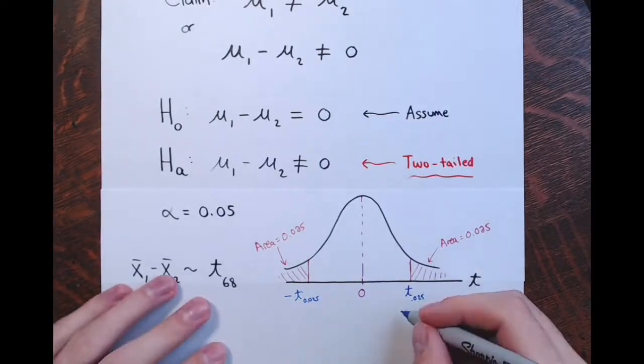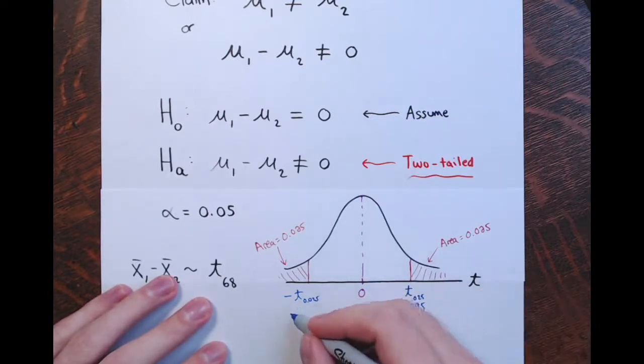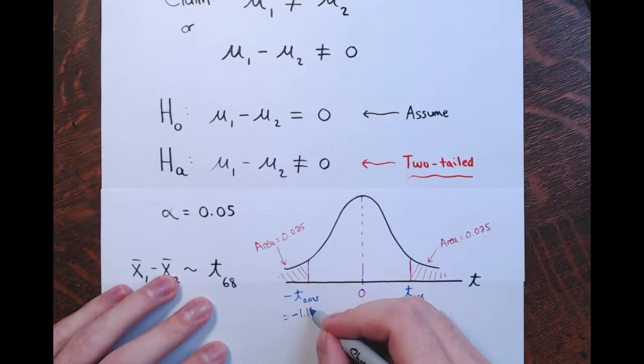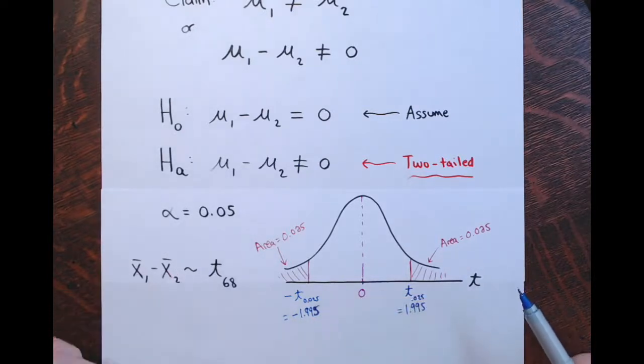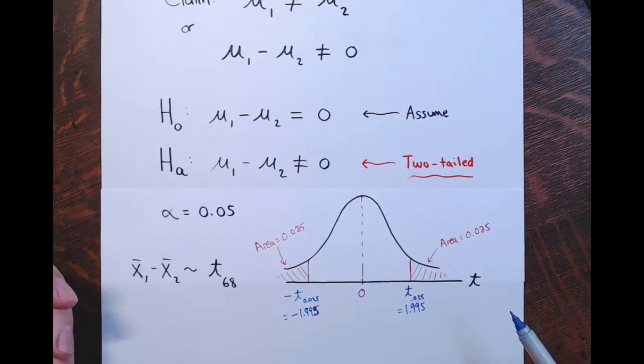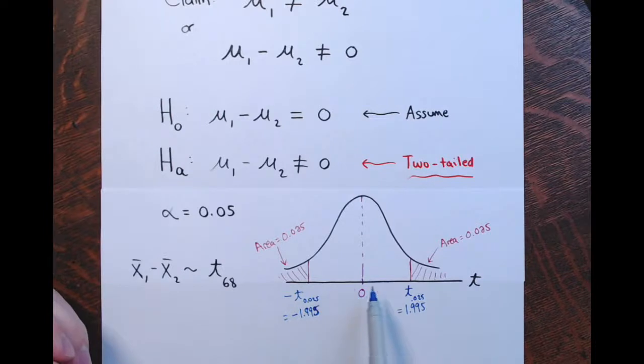All right, so back in my picture, these critical values, this t-score is 1.995, and then this one over here would be negative 1.995. And then if we calculated a test statistic, which hasn't been done here, but we could, we'd figure out where does it fall, beyond 1.995 or beyond negative 1.995, or does it fall in between them?